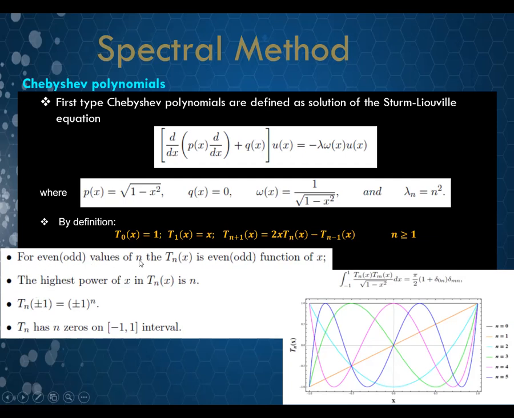For even values of n, Tn is an even function of x, and also for odd values. The highest power of x in Tn of x is n, and Tn at plus or minus 1 is equal to plus or minus 1 to the power n. Tn has n zeros in the interval between -1 and 1, and this is the completeness relation for the first type of Chebyshev polynomials.